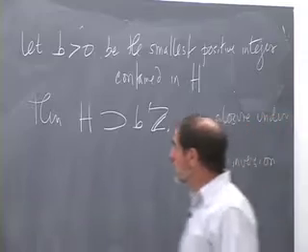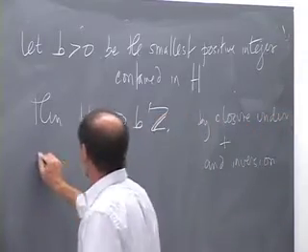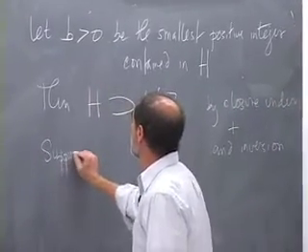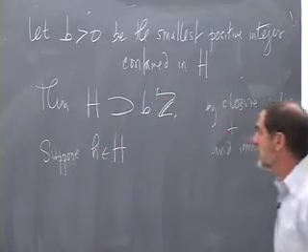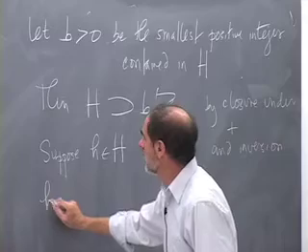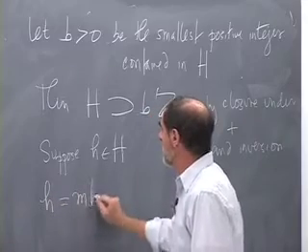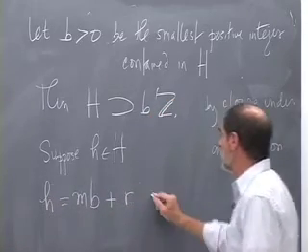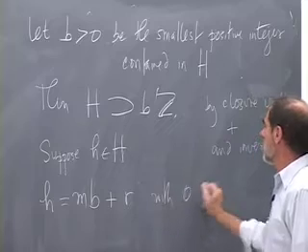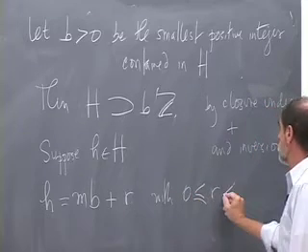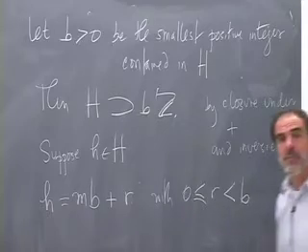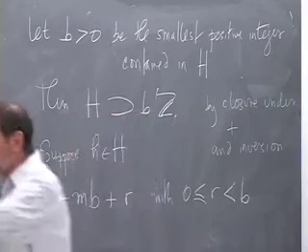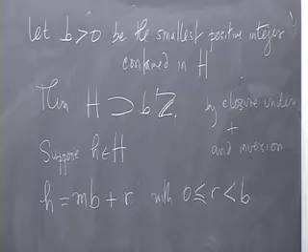Now suppose there was something else in H. Suppose h is in H. And write h as some multiple of b plus a remainder term, h equals mb plus r, with 0 less than or equal to r less than b. We can do that by the Euclidean algorithm. You can always subtract off some multiple of b from your integer that's in the group that makes the remainder less than b.